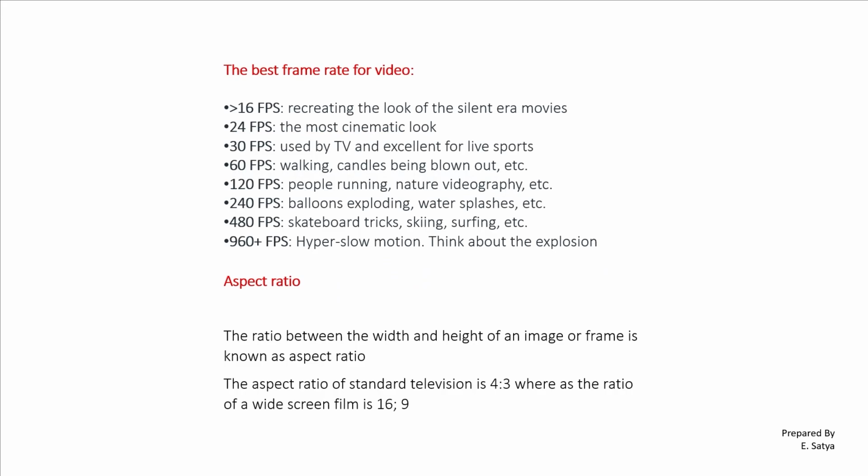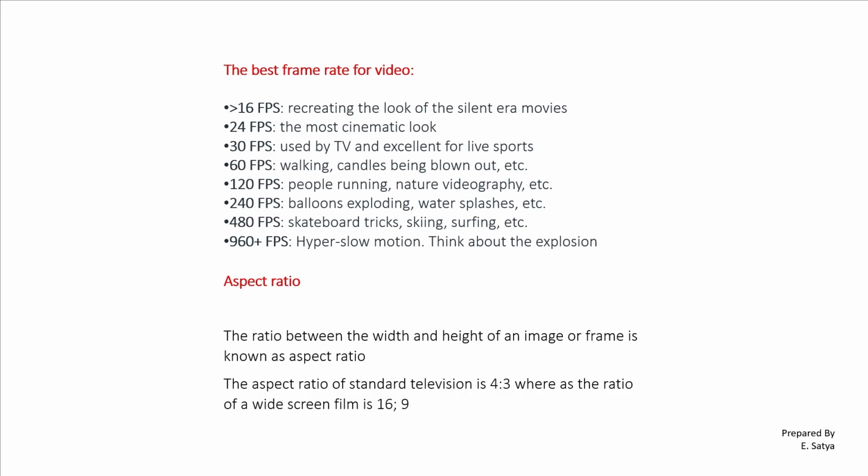For the best frame rate for video, here I am giving the different frame rates. 16 FPS recreates the look of silent era movies, like old Charlie Chaplin and black and white movies, where actors and characters move very quickly and rapidly because the frame rate is much lower. Then it developed into 24 FPS, the most cinematic look.